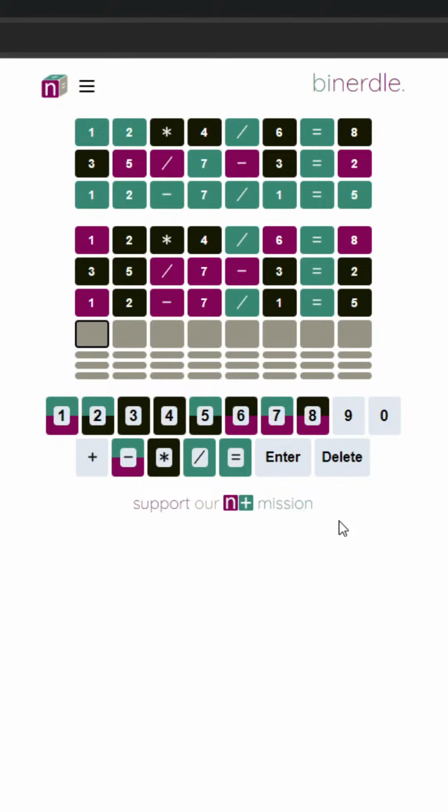We have a couple more for the bottom. Did we get any new information from that? Yeah. We know where the minus sign doesn't go. We also know 8, 2, and 5 are not in the final spot. And we also know it needs to end in a single digit value.